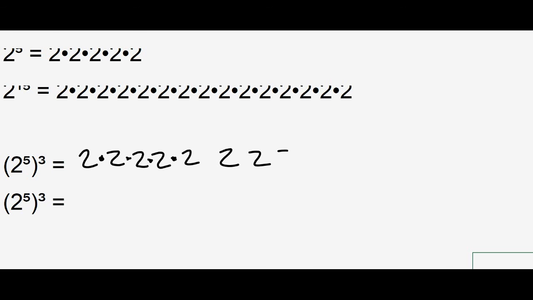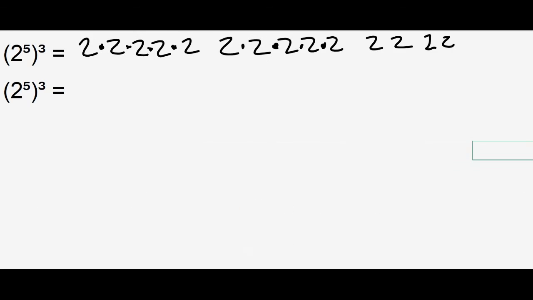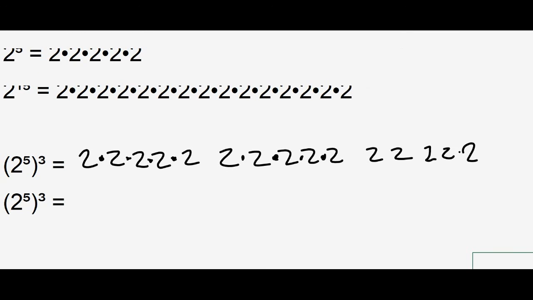So 2, 2, 2, 2, 2. I have 5 2's multiplied together, 5 2's multiplied together. And I'm going to have a third group of 5 2's multiplied together. And I'm going to multiply each of those together. So in the end, I really have 2 to the 15th power.